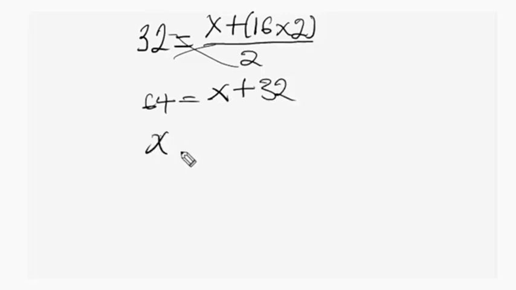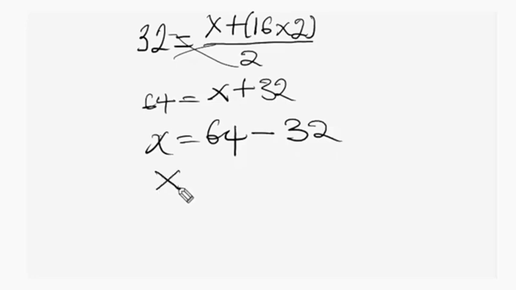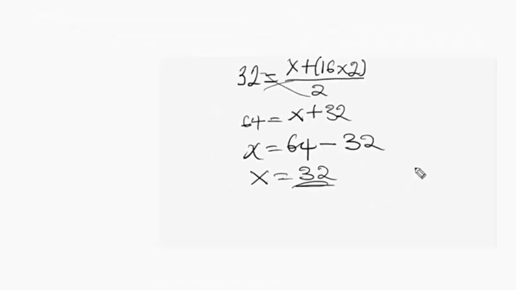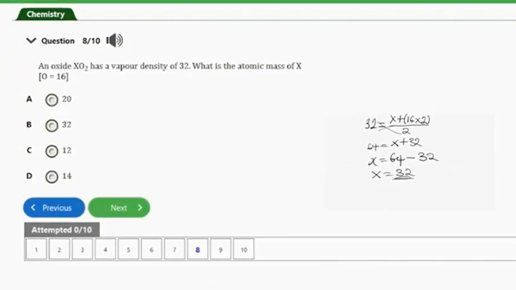So guys, finally X is going to be 64 minus 32. So finally X is equal to 32. So guys, the answer to this question is option B, and that's 32.